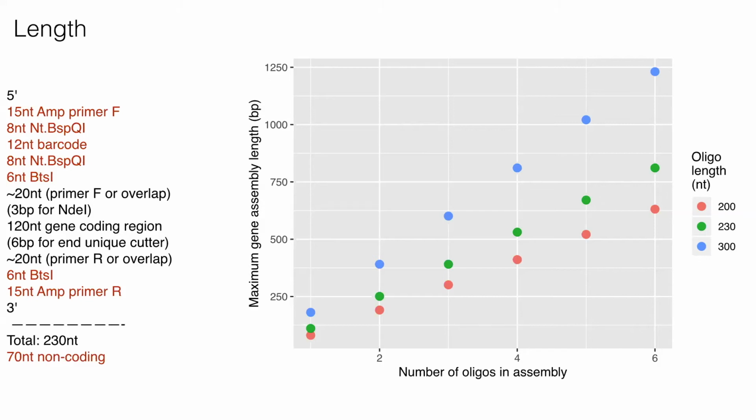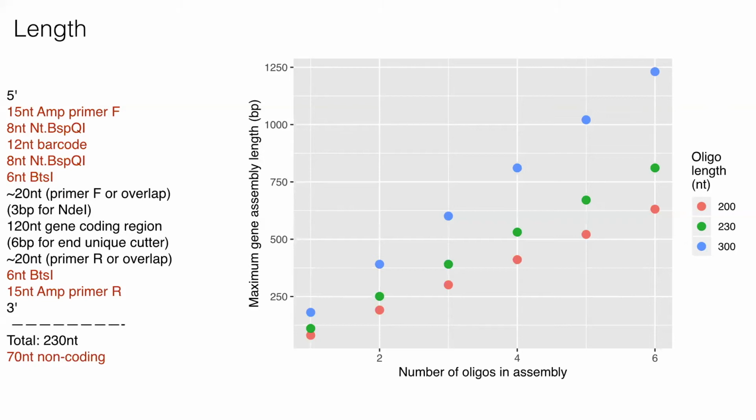To give you an example, what we've done quite a bit in the past is around 4 oligos with 230-mers, giving us just over 500 base pairs that we can put on. I'm currently testing 4 oligos with 300-mers, giving us about 800 base pairs. Depending on those yields, it will be relatively trivial to scale up a little bit more if you're willing to take the hit on yield.